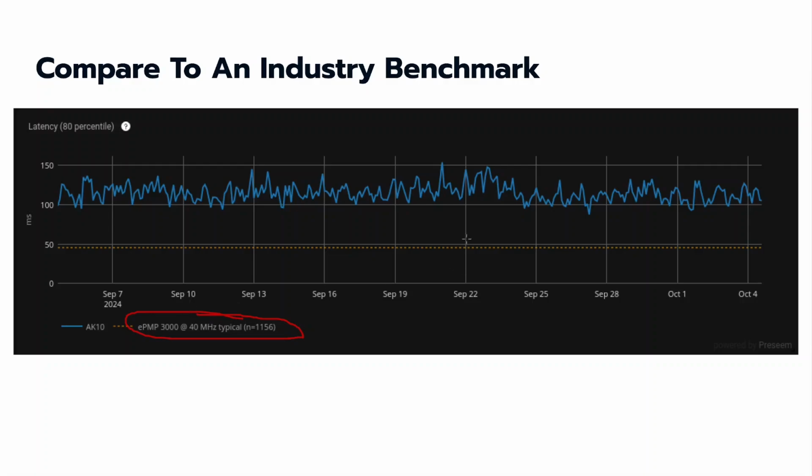And what we're seeing is that a typical access point would have a latency just under 50 milliseconds, and that ours has a latency clear up here over 100 milliseconds. So we can see that this is indeed bad and there's much room for improvement, and that if we solve the problem, we should expect that we can get the latency down here to around 50 milliseconds, which will proactively create a much better subscriber quality of experience.